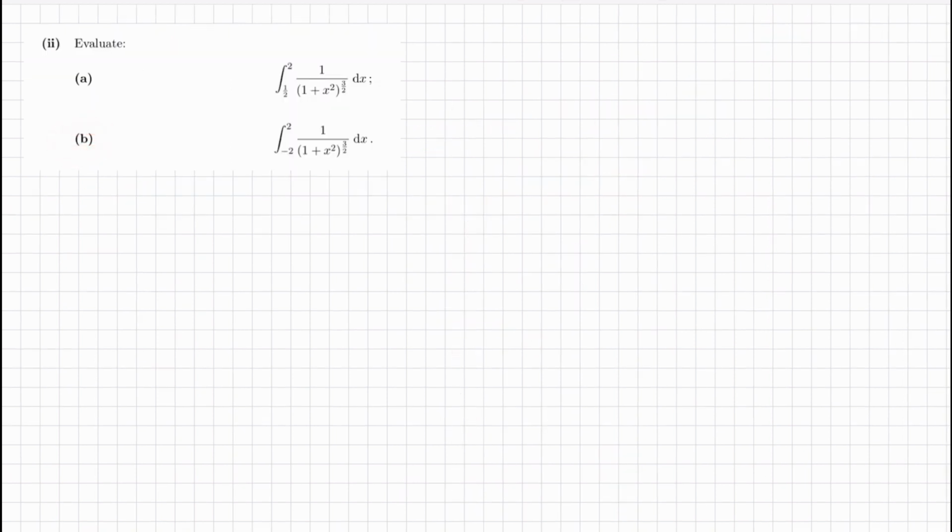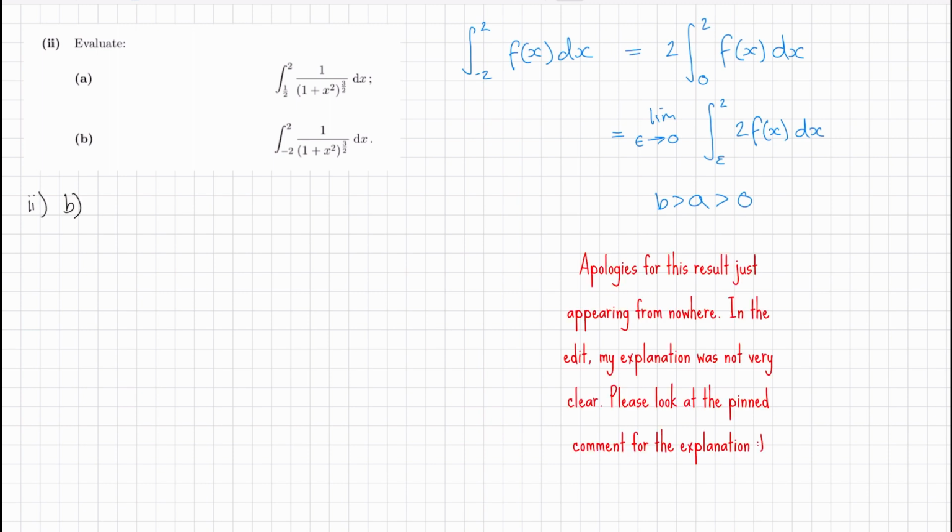Now looking at part B, we've got our second part to the question.